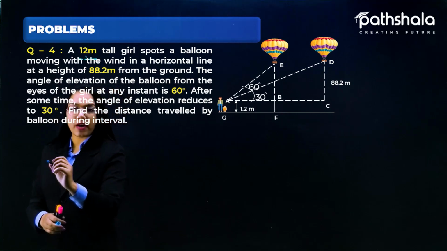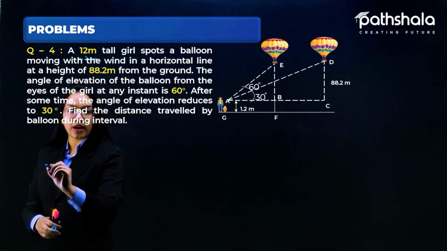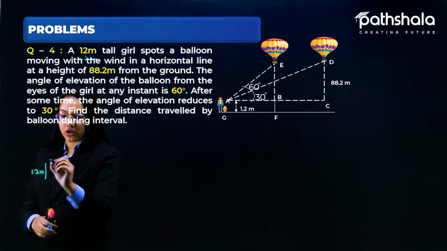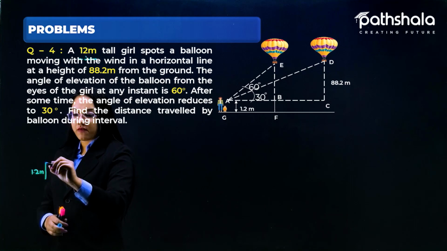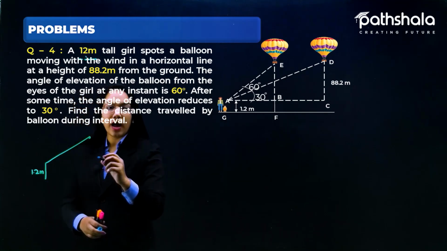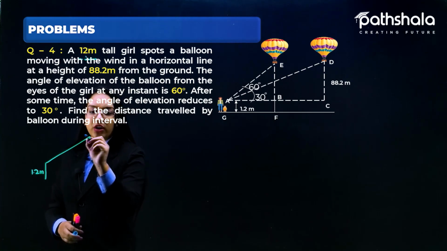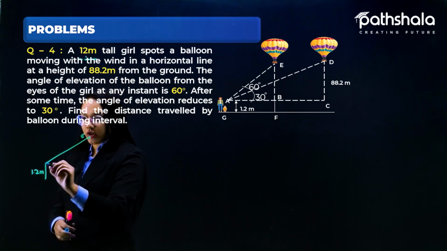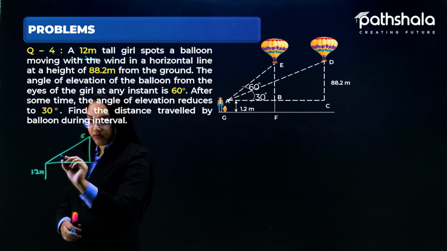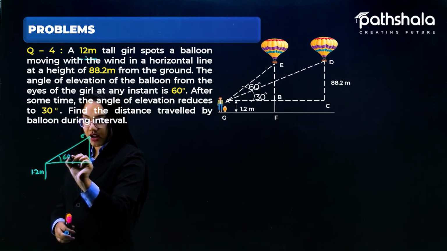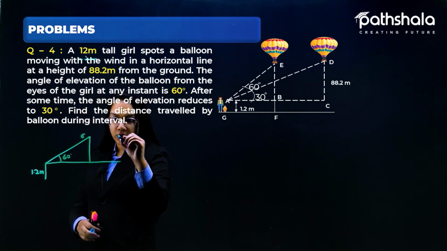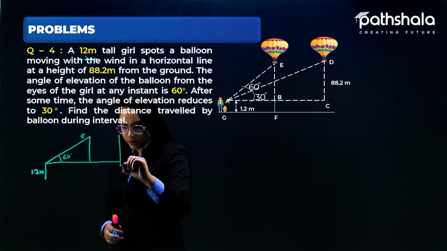Let us make the figure again. We know that this is a 1.2 meter tall girl, and with respect to her we have the balloon over here. I am not drawing a balloon, I am just calling it a point E. So the balloon was over here, and it was making an angle of elevation of 60 degrees. After some time the angle of elevation is reduced when the balloon is at this particular point, and I am joining these points.